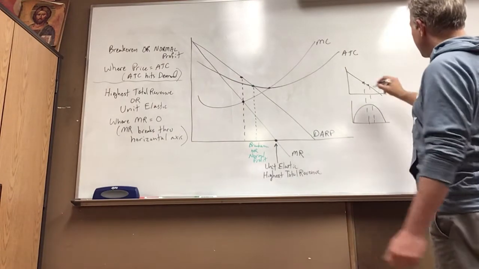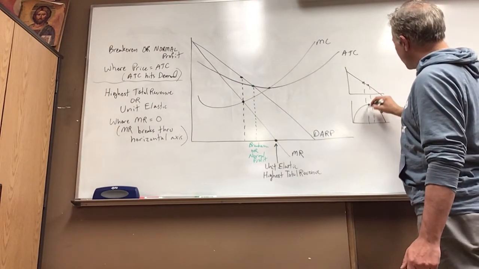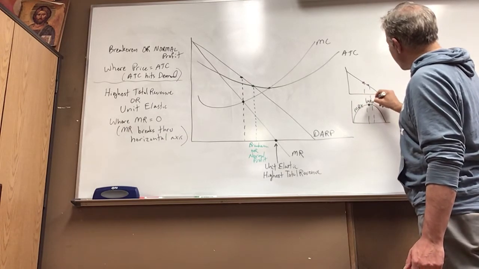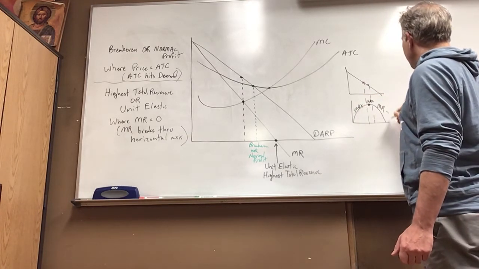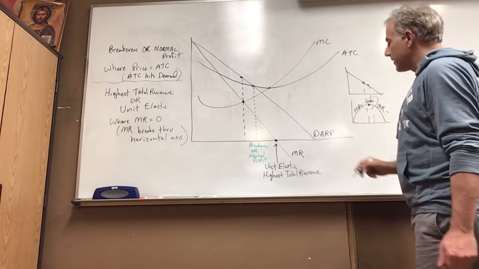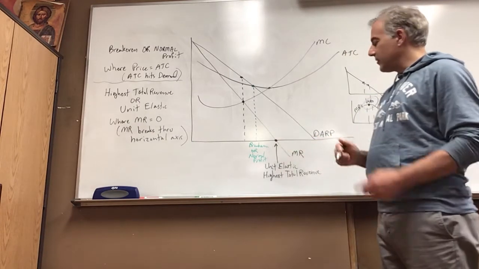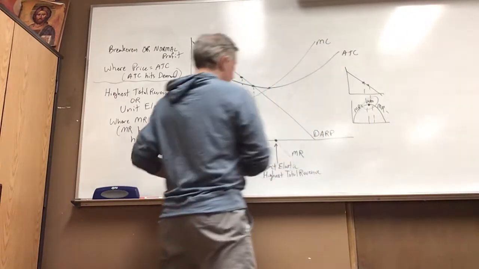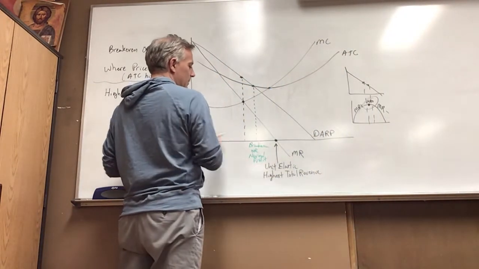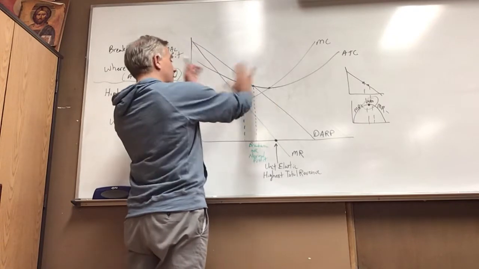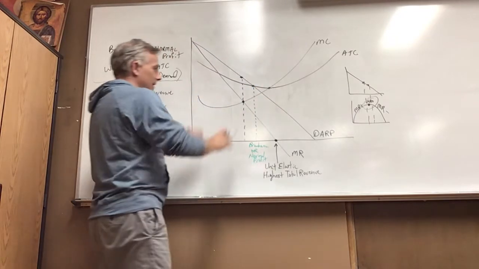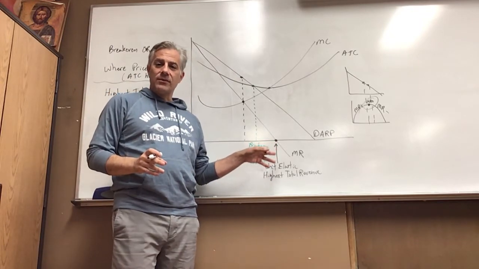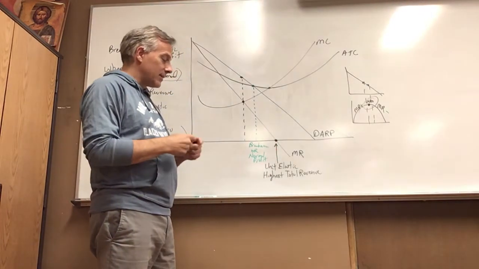Well, this is where marginal revenue is positive on the left, marginal revenue is 0 over here, marginal revenue is negative over here. Well, where marginal revenue is 0, that's the unit elastic region, and that is the highest total revenue. So I like this one because you don't have to get confused all up in here. There's a lot going on up here. Here is the highest total revenue, and that's the unit elastic region.